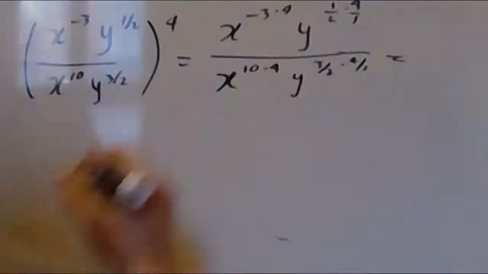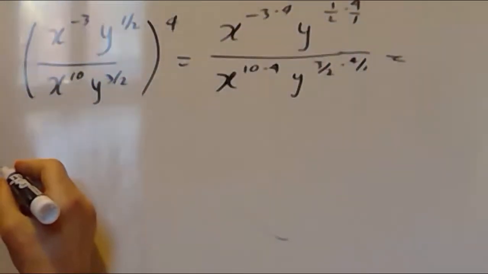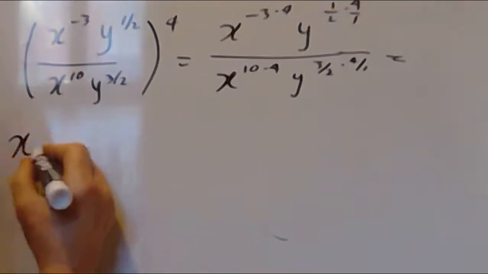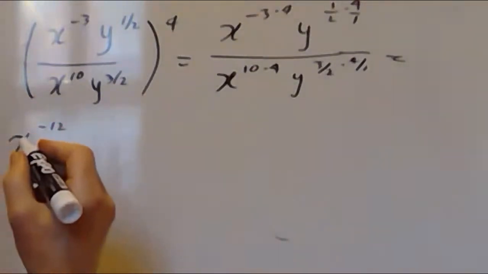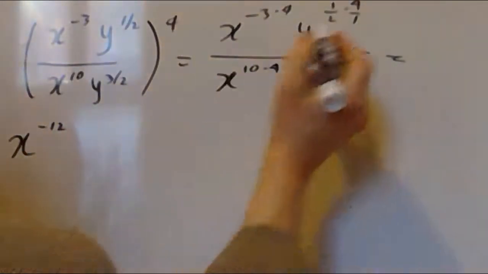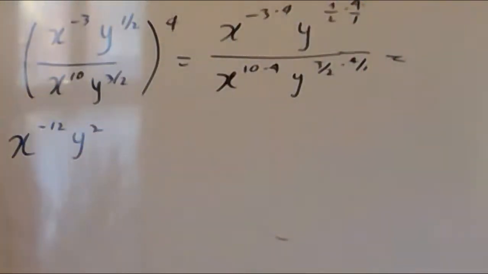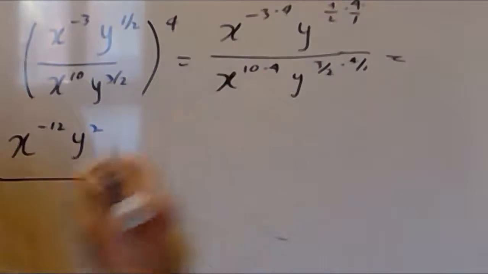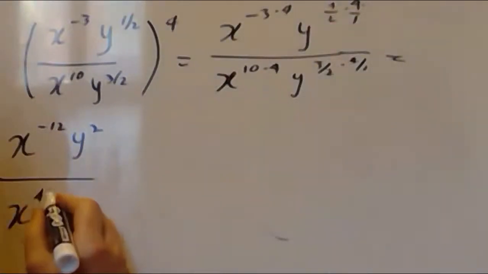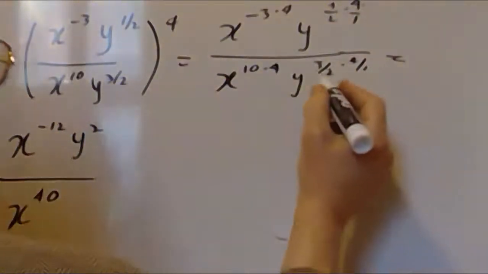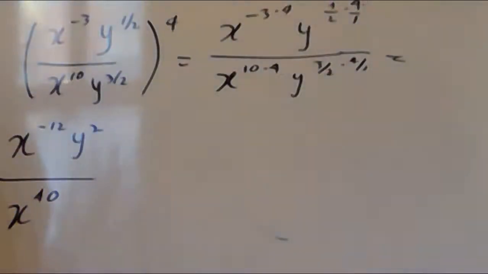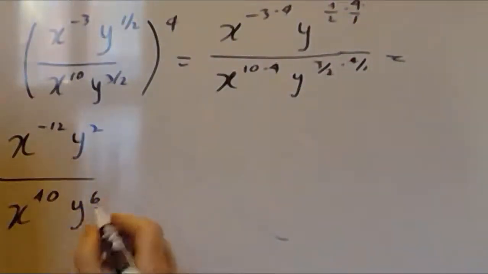Then you go about multiplying it, so then you have x to the negative 4/3, and then here you have y squared when you work it out. 10 times 4 is 40. And then here, when you work it out, you get y to the 6th.